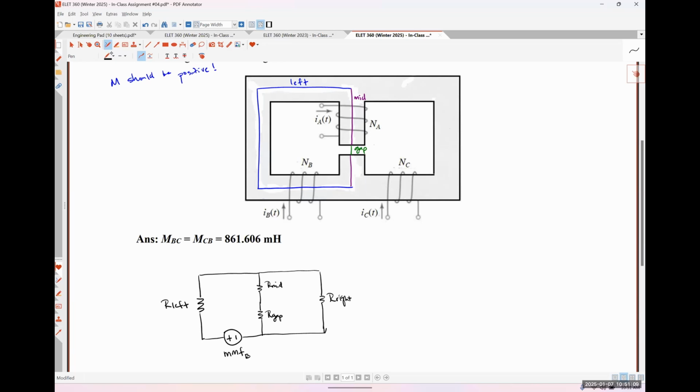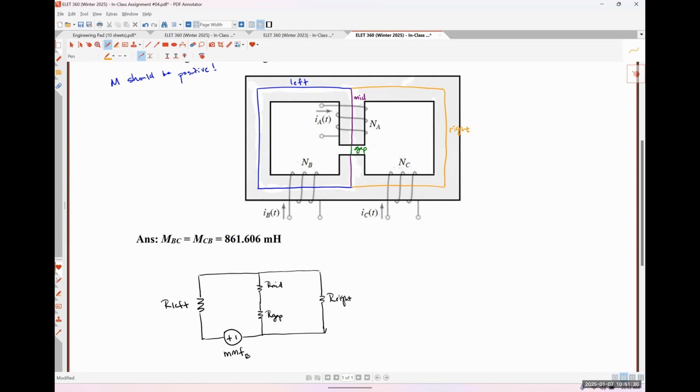Okay. Let me draw this just really quickly before I get more distracted. Let me do this one in orange for what it's worth. So this is our right path.